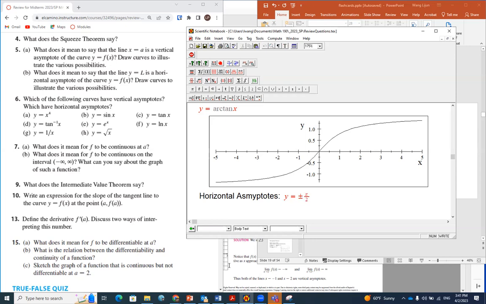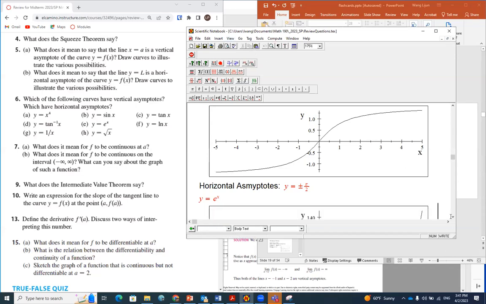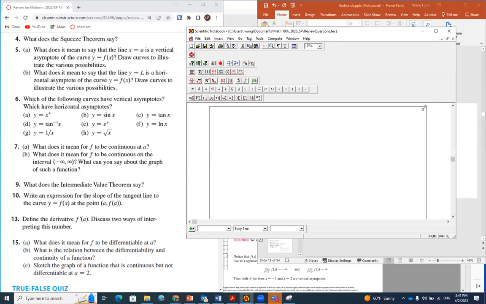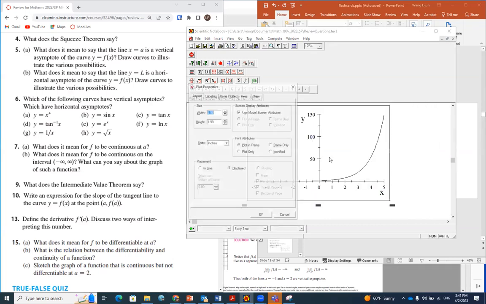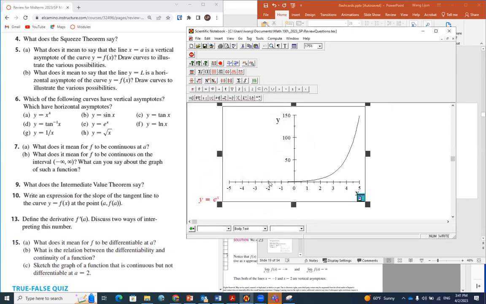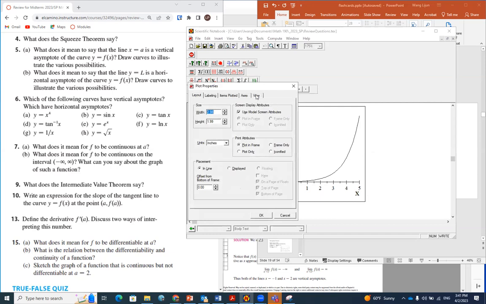Okay, e. e to the power x. y equals e to the power x. Right? We're pretty familiar with this function. If you're not, please find the lecture in week 1 where I talk about it, or any resources you can get your hands on for studying the function e.